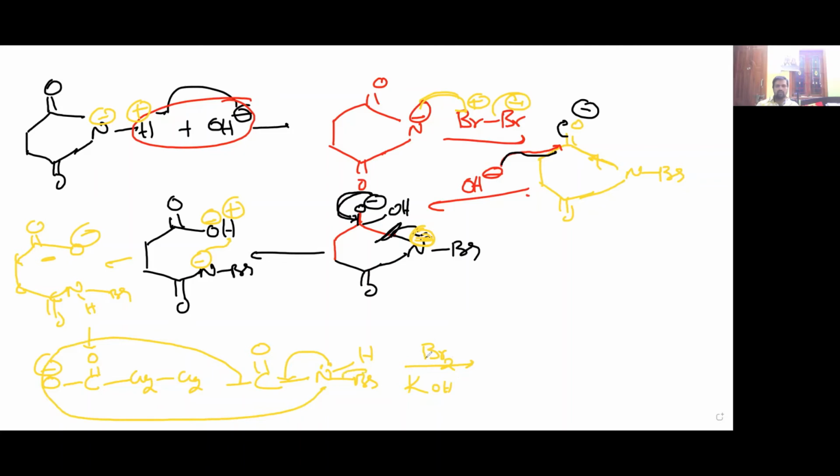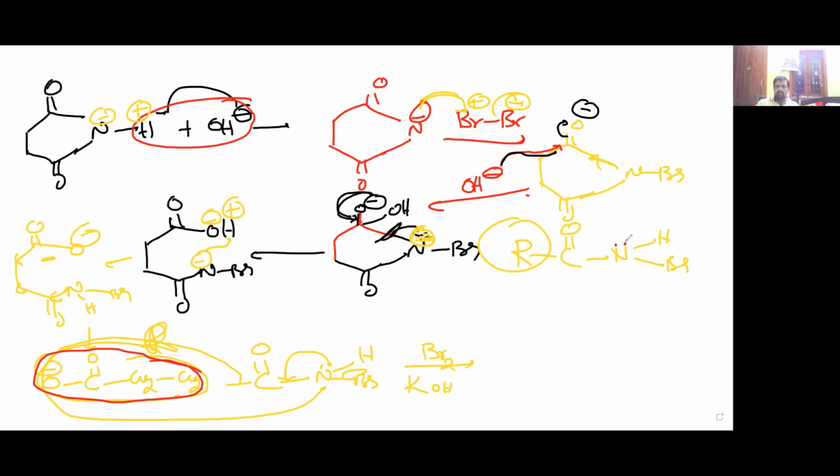Then Br minus is leaving. Remember, the whole thing you considered as R. It's like R C double bond O, NHBr. R means the whole thing.